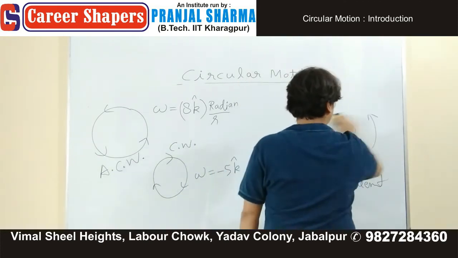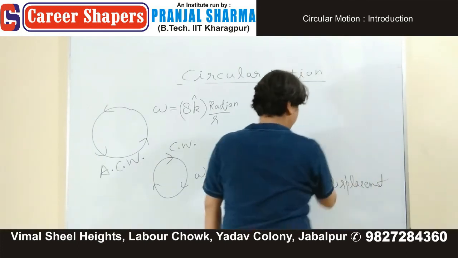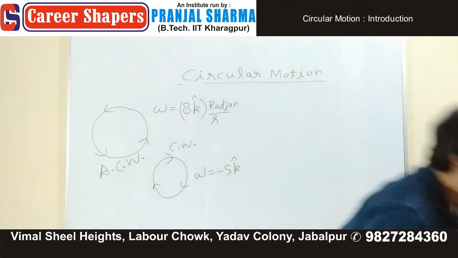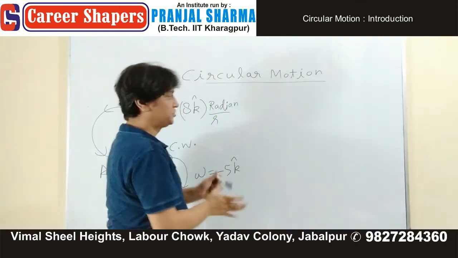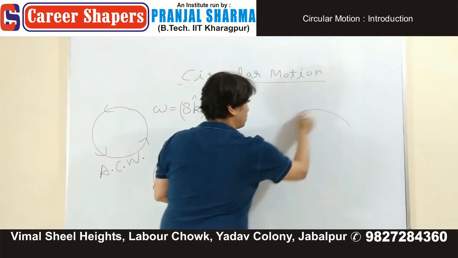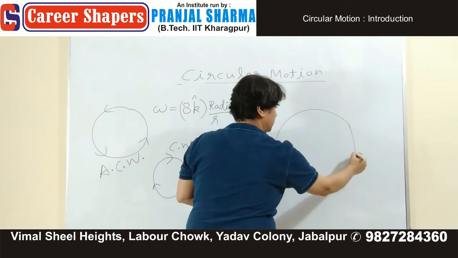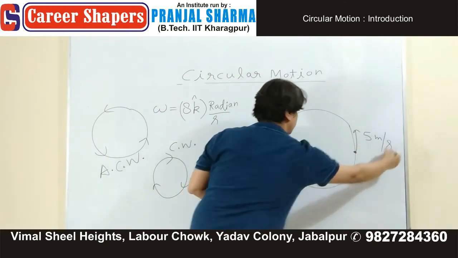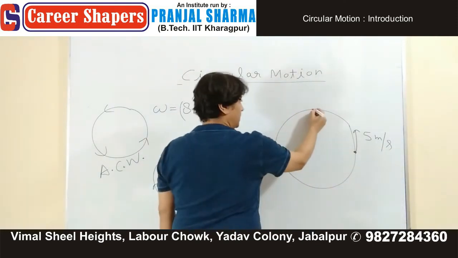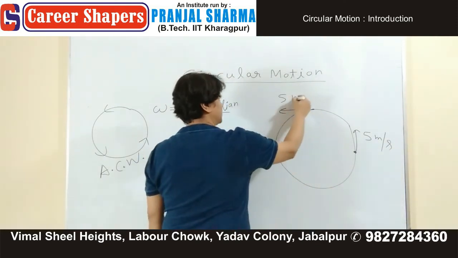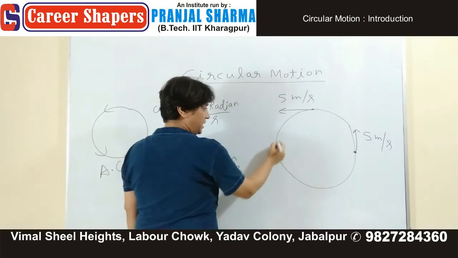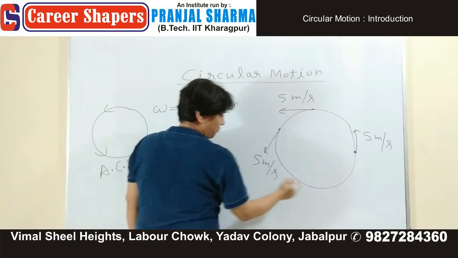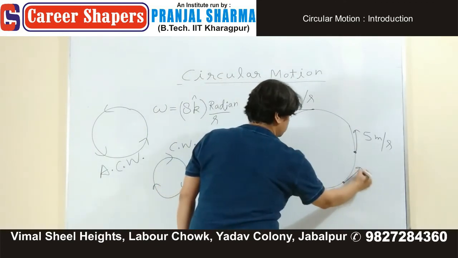If I tell you that the object is moving with constant speed, look, when it is here it is say 5 meters per second, when it is here 5 meters per second, right here 5 meters per second.